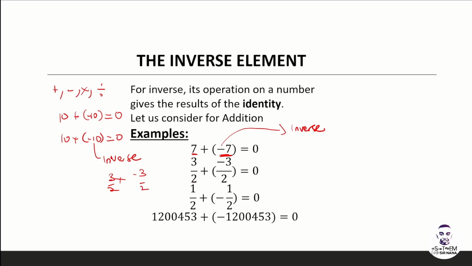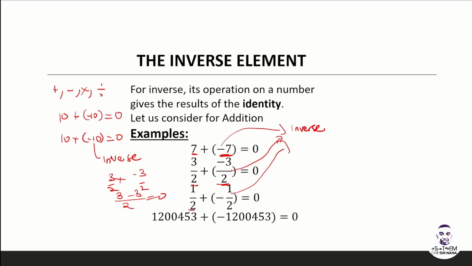When we find the LCM here, the LCM is 2. 2 goes into 2 once, and 1 multiplied by 3 gives us 3. Then 2 goes into 2 once, and 1 multiplied by negative 3 gives us negative 3. 3 minus 3 gives us 0. So the inverse of 3 over 2 will be negative 3 over 2. When we have a half, the inverse will be negative half.